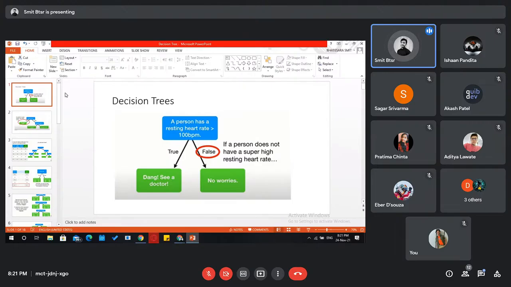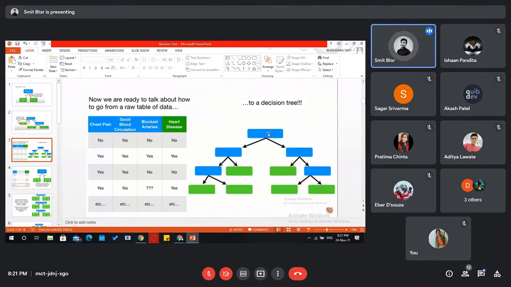The purpose of finding impurity is this: just consider this is chest pain. We ask first, is there chest pain?